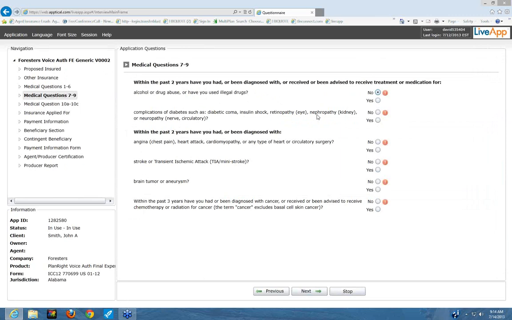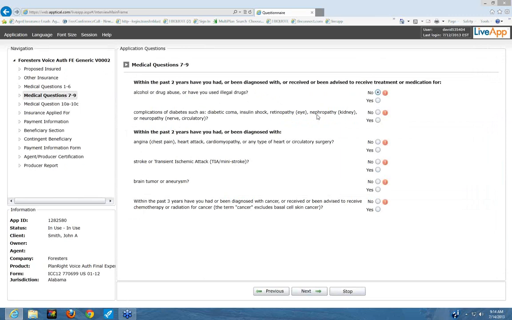They're confident about it, so I would feel confident. Then some people will say, what's neuropathy or retinopathy? Well, it's eye damage from being diabetic, or nerve damage, or even kidney damage. Are you taking any medication for anything like that? No. So just understand that because that can change your quote.